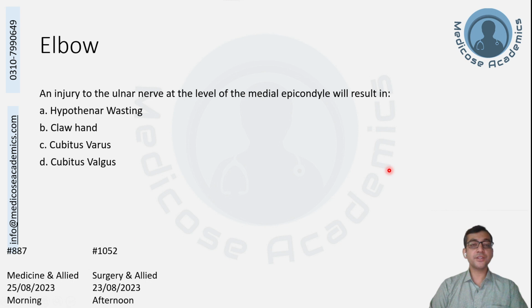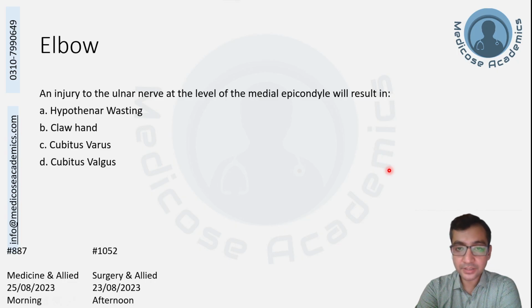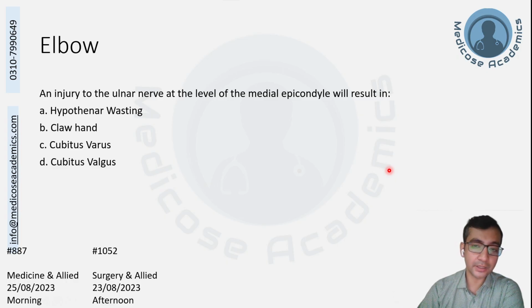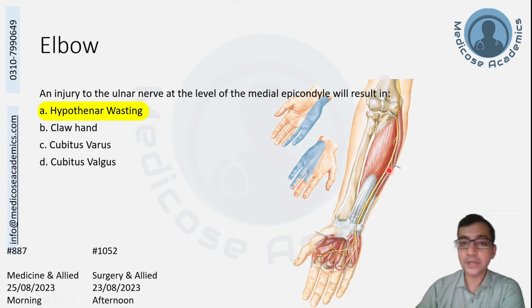The injury to the ulnar nerve at the level of medial epicondyle will result in, sorry, if ulnar nerve is damaged, all of the muscles supplied by that will be damaged. The correct answer is hypothenar wasting. So let us dig into it.